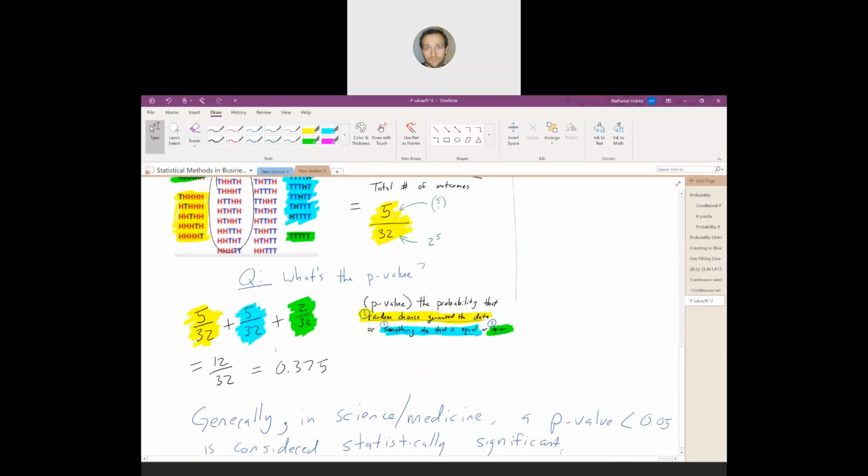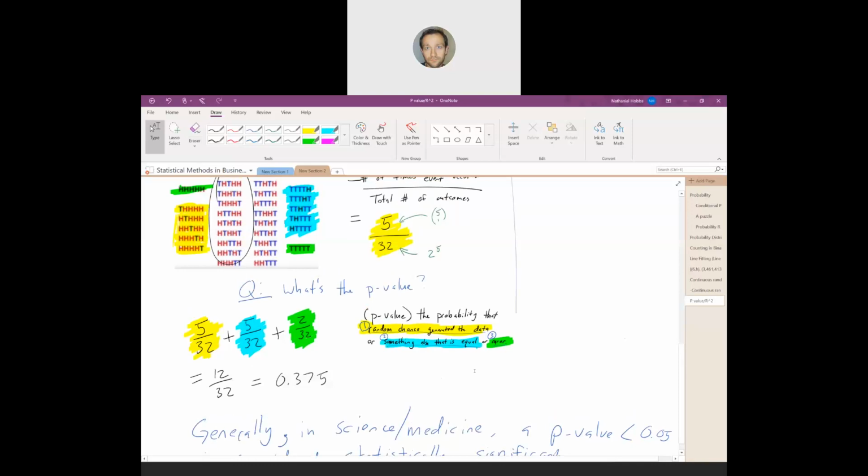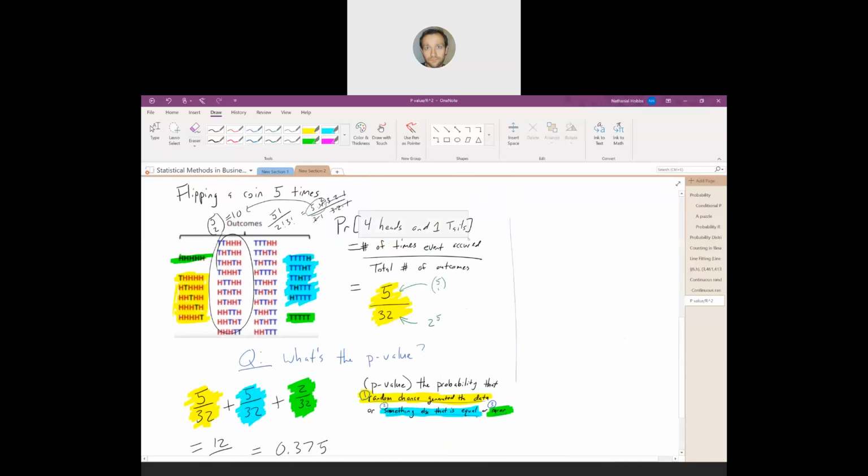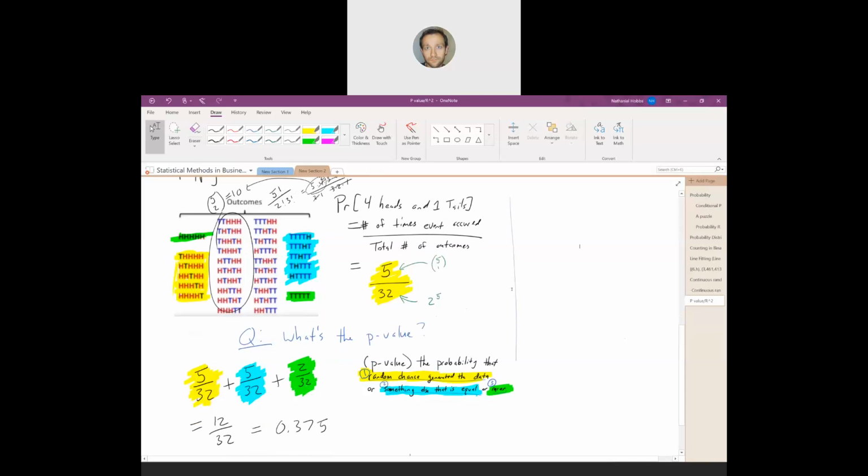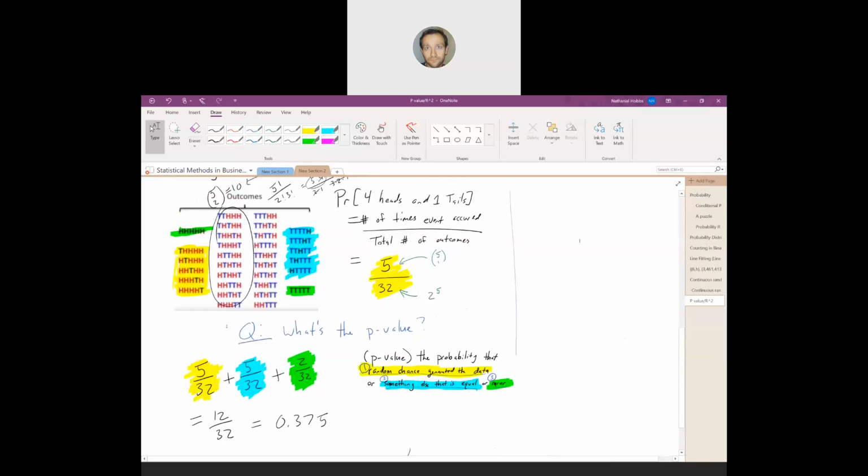That is to say that this is not a statistically significant event. If you flipped a coin 5 times and you got 4 heads and 1 tails, that should not surprise you, because it can happen pretty often.